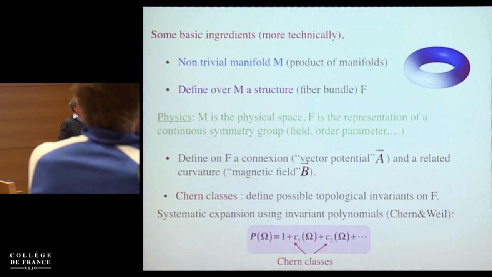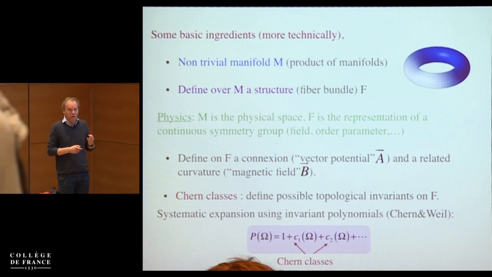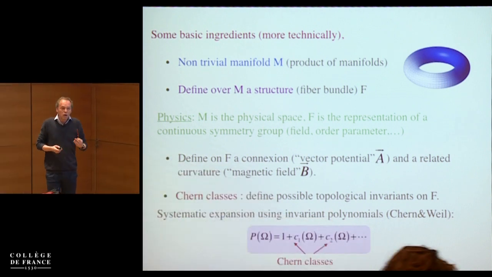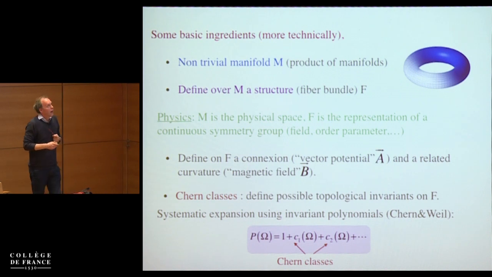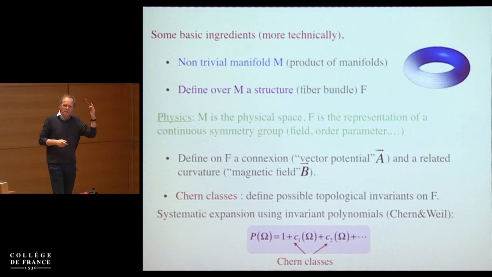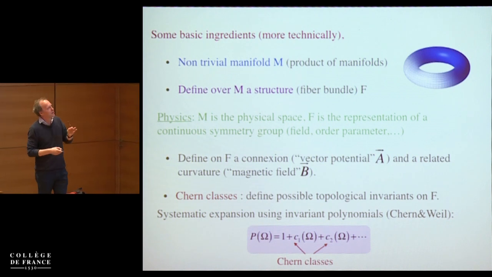You define first a non-trivial manifold. A non-trivial manifold is something that could be defined as a product of manifolds, for instance, a torus. It's a product of two manifolds. It's the kind of thing that I discussed also in the first lecture, but you may not have been here in the first lectures. Now on this manifold, you define a structure.